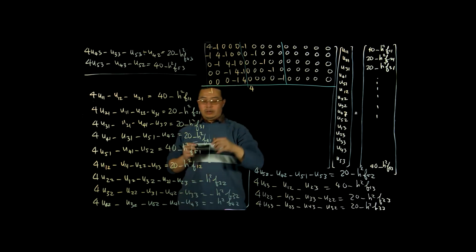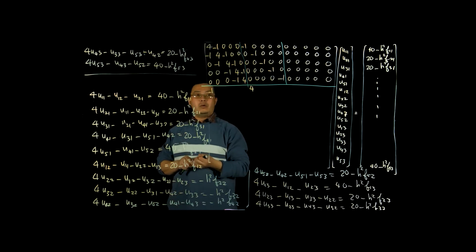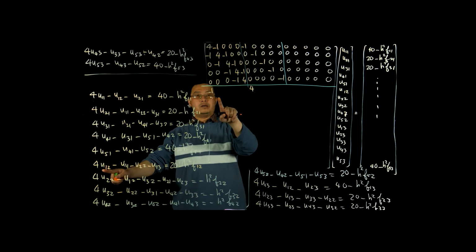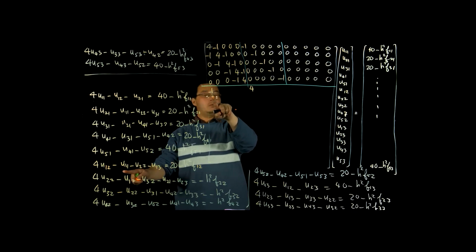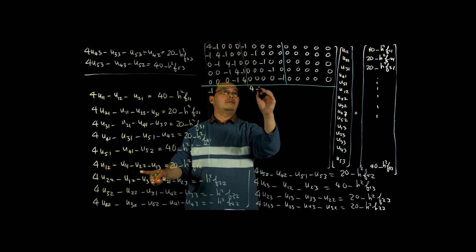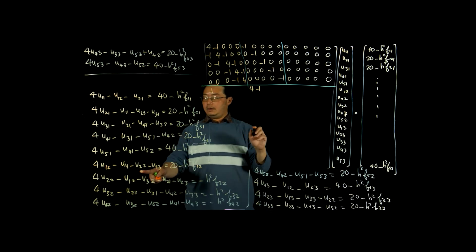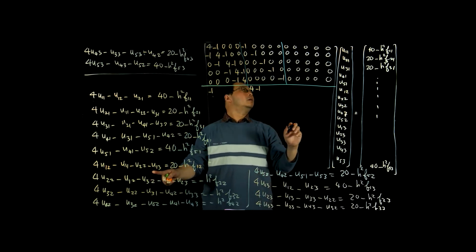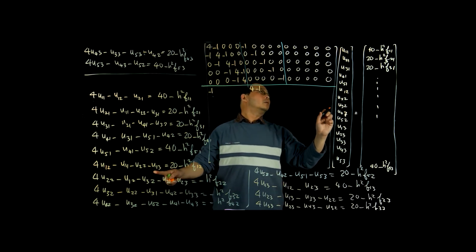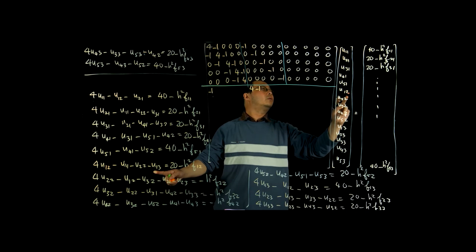Okay, and now we do the second block. So we have this equation, yeah, minus U11 is here, and then minus U22. So where is 22? So 22 is right here, yeah. And then minus U13.